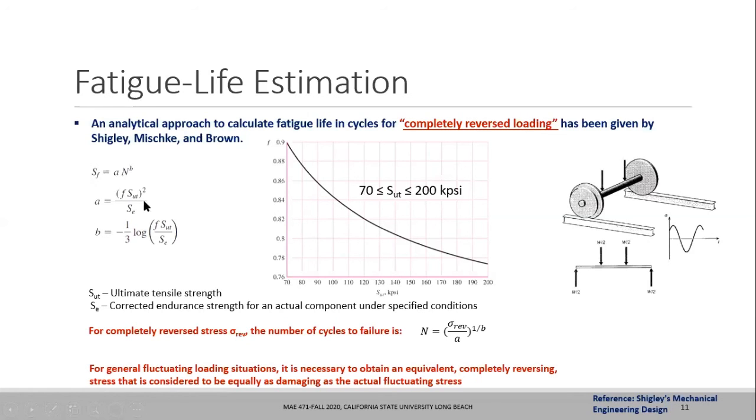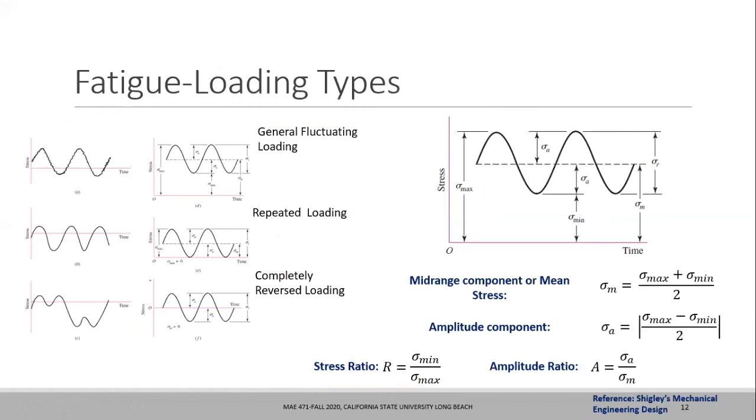With that value, you can plug in the numbers here and calculate A and B. And depending on how much stress is being applied, you can calculate the number of cycles to failure. So this is a most powerful equation, but unfortunately, it only works for completely reversible stresses.